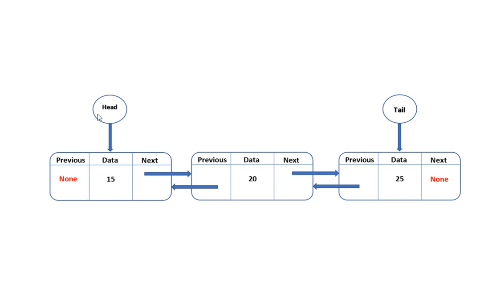We still have the head in here. Previously, we said that some programmers would use tail as well. With doubly linked lists, you can use tail as much as possible. And that is because since I know the next, I can go from head to the next, and finish. And at the same time, I can go from the tail to the previous, and then finish. So a doubly linked list is actually bidirectional, which means it goes in two ways.